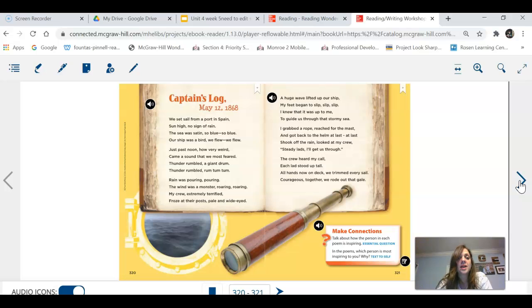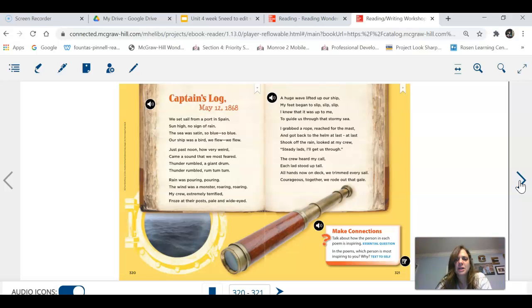Rain was pouring, pouring. The wind was a monster, roaring, roaring. My crew, extremely terrified, froze at their posts, pale and wide-eyed. A huge wave lifted up our ship. My feet began to slip, slip, slip. I knew that it was up to me to guide us through that stormy sea. I grabbed a rope, reached for the mast, and got back to the helm at last.